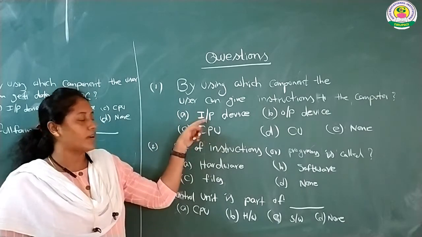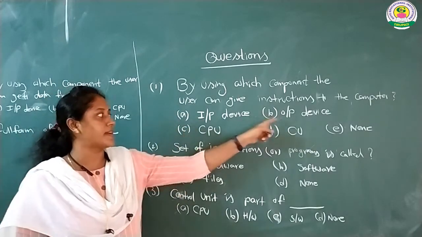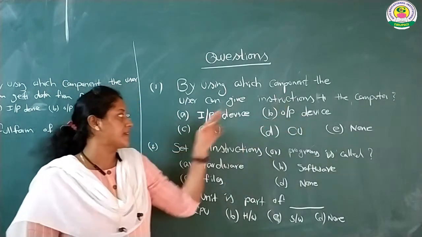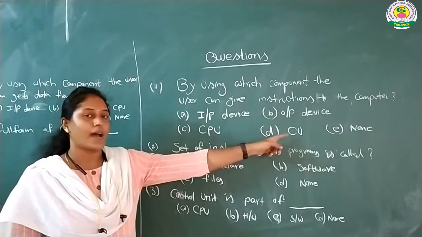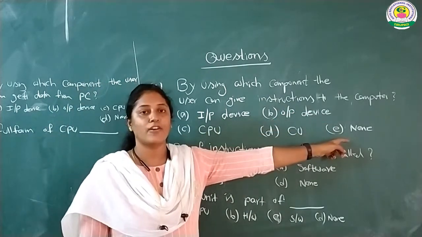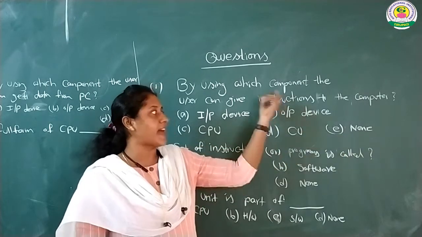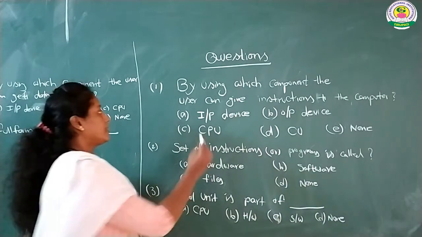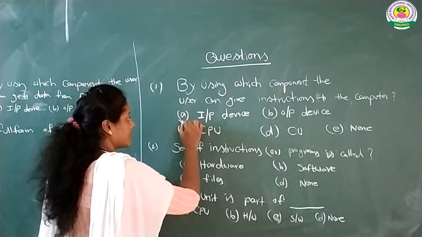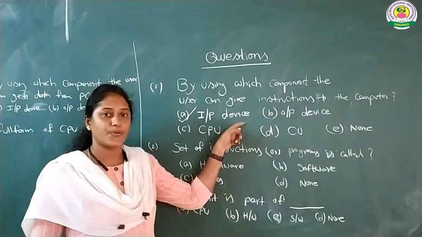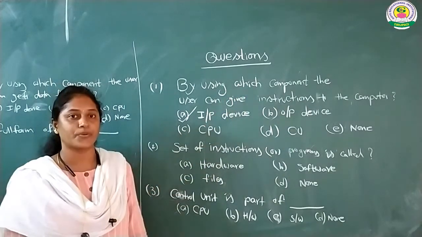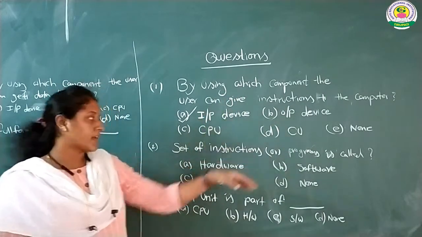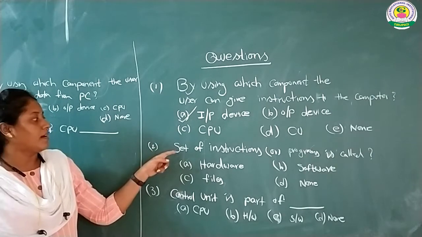The first option is input device, the second option is output device, the third one is CPU and control unit, and the fourth is none of the above, right? So what is the answer for this question? The answer is, by using an input device we can give instructions to the computer. Then comes the second question.